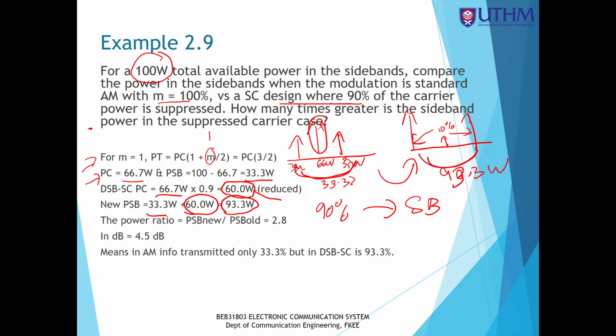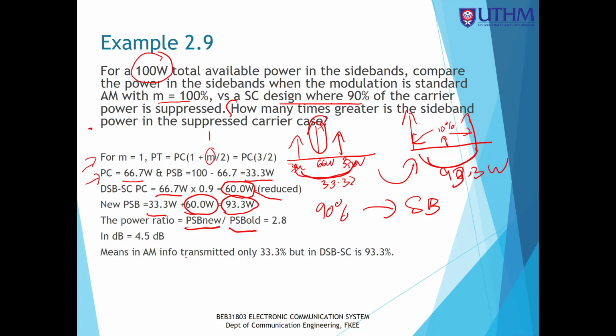So the next question asks how many times greater is the sideband power in the suppressed carrier compared to the double sideband full carrier. When we want to compare, you need to divide the power ratio. So power sideband new, after we sum with the 90% of the carrier suppression, divided by power sideband old, previously 33.3.